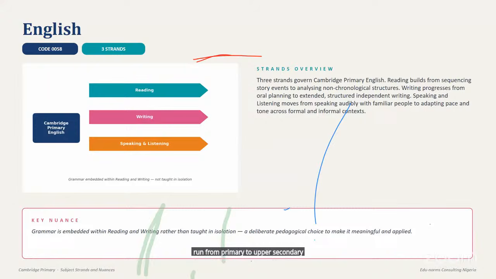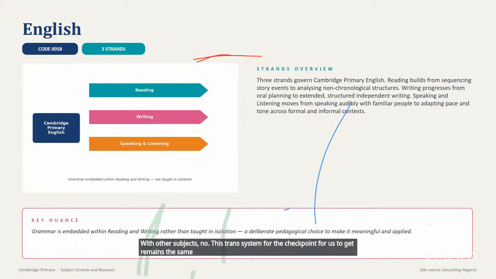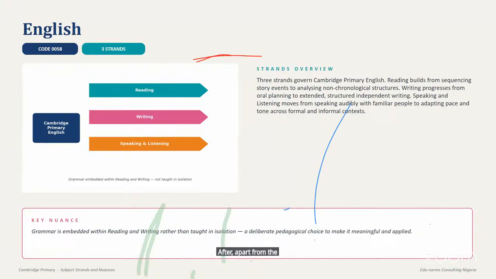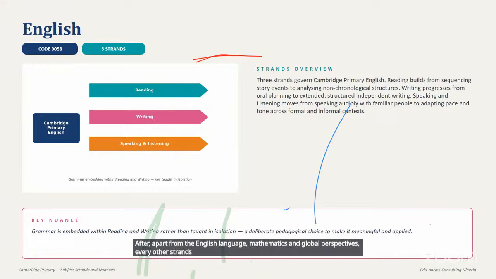But for other subjects, the strand system for the checkpoint remains the same within the 9 years and is different after. Every other strand we're talking about under the checkpoint remains in the 9-year program of checkpoint.